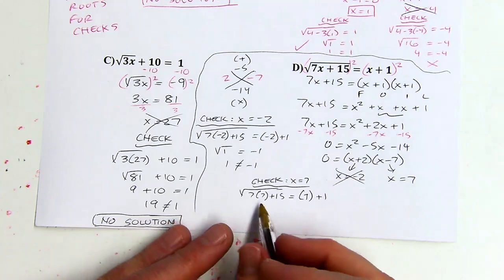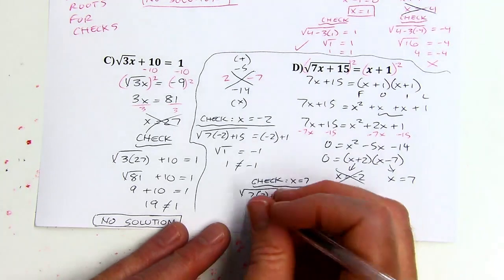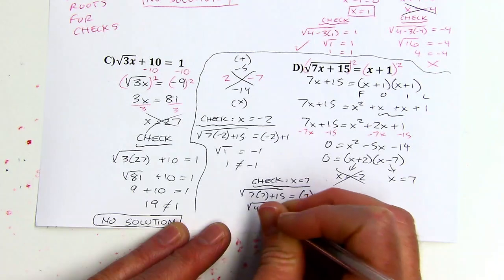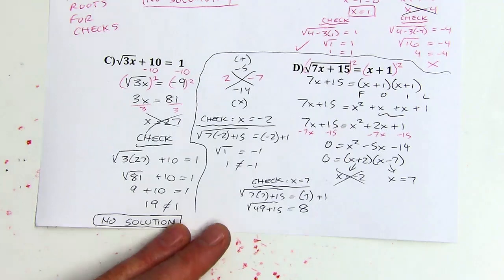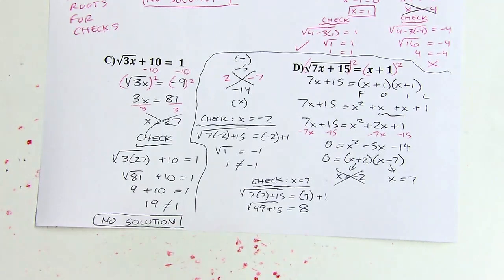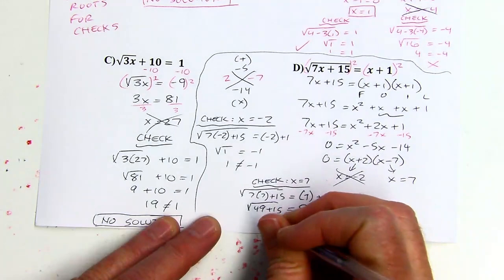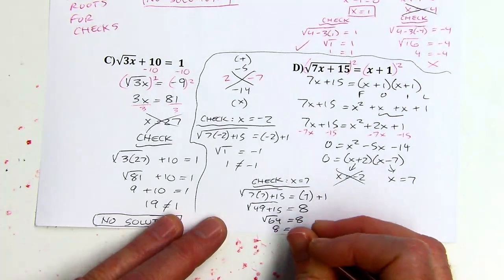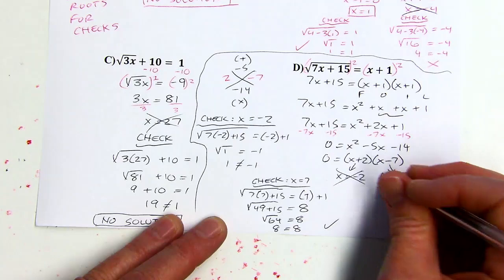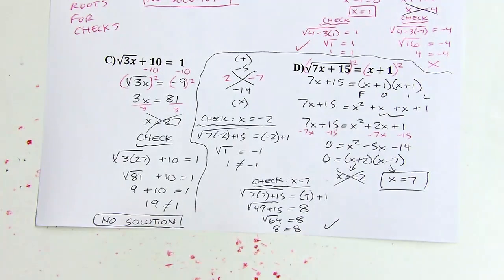So let's see, I've got 49 plus 15. And then the right side, that's 8. Excuse me there. All right, so this is going to come out to 64. And hey, the square root of 64 is 8. So that means this one works. So that's a good answer. Okay, and that's the end of the section, and I'll see you next time.